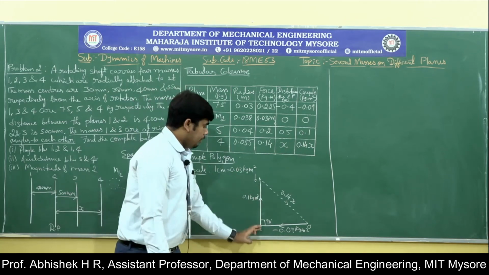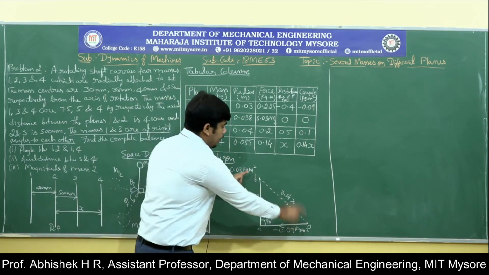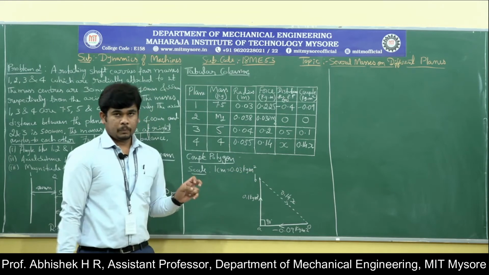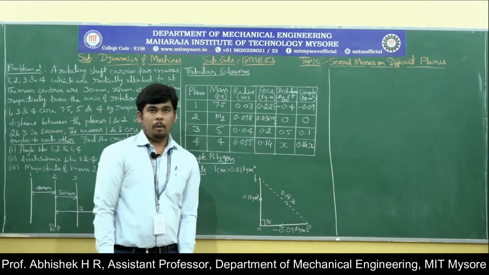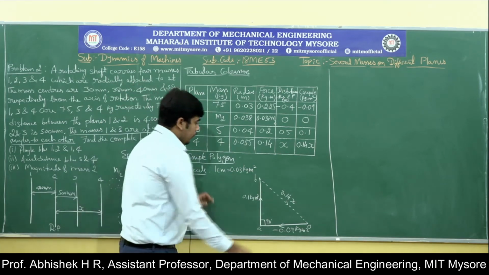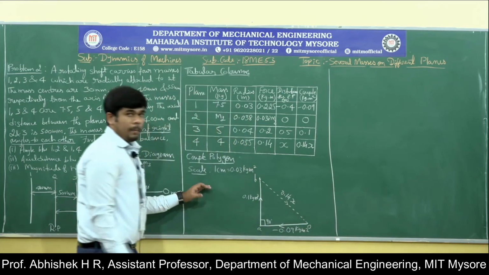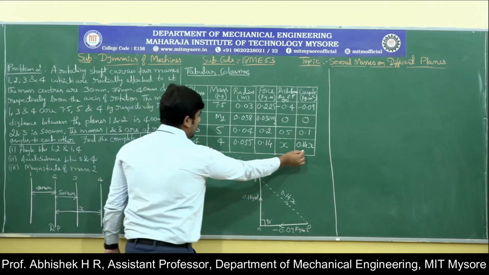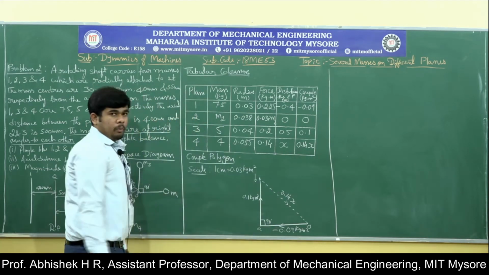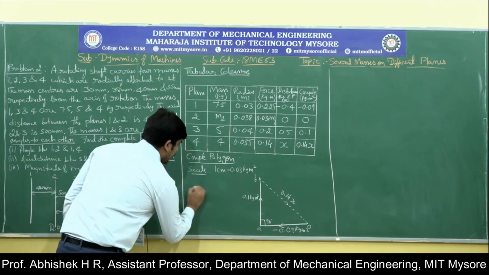For the converted scale I have drawn a line, then I have closed the starting and ending point to make a polygon. Now measure this distance O and B, or B and O. That will be equal to your 0.14x.